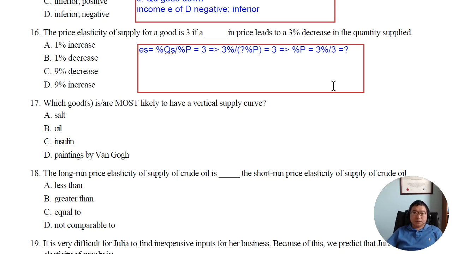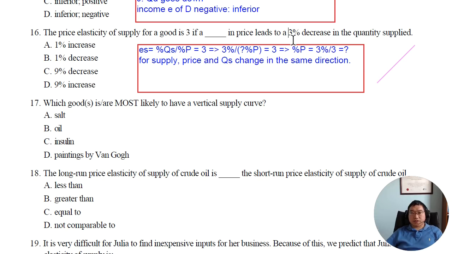Now we know the supply curve we are considering is a positively sloped curve. For supply, price and quantity supplied change in the same direction.